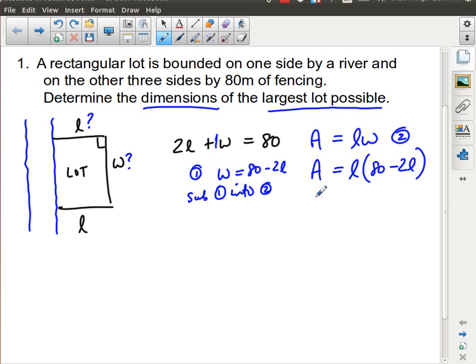And just to remind you, this looks like something we've had before. In the past, maybe we've had y equals x minus s, x minus t. So we have our independent variable on the right, that's the L, that used to be the x. We have our dependent variable on the left, that's the A, in this case, which used to be the y.